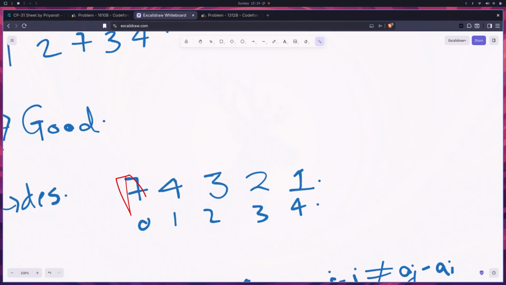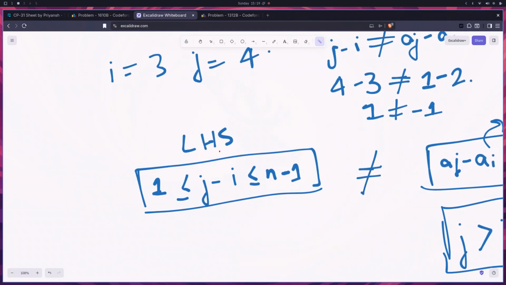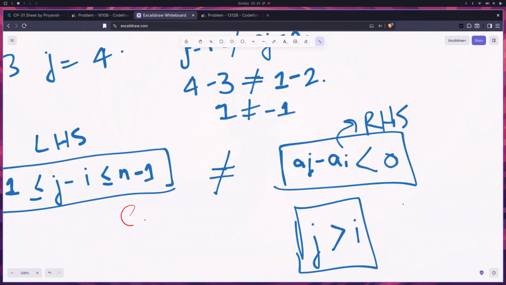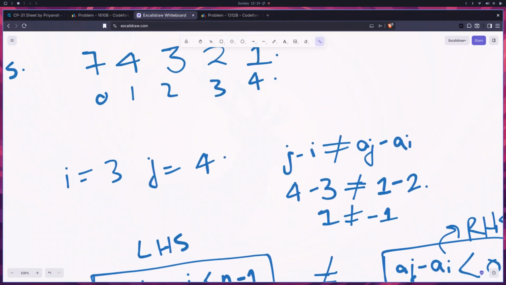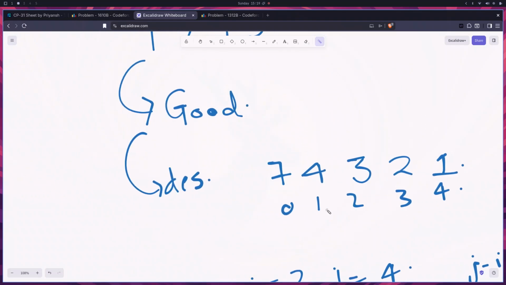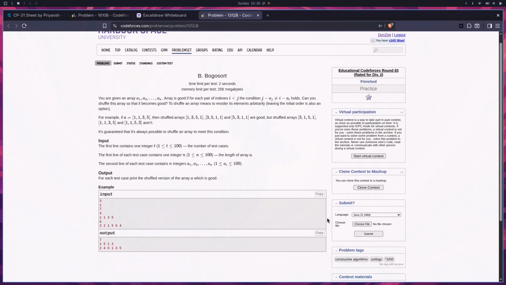Any two elements, when we take the difference like the second element minus the first element, all these values come out to be negative, therefore they will not be equal to the LHS, which will lie from 1 to n minus 1, which is positive, right? So a negative can never be equal to a positive, that's why this condition always holds true, and that is the solution to this problem.